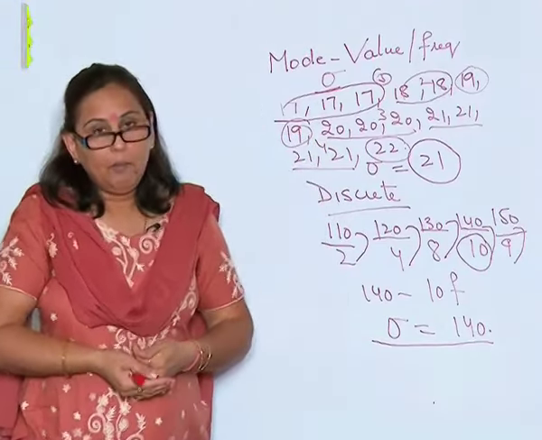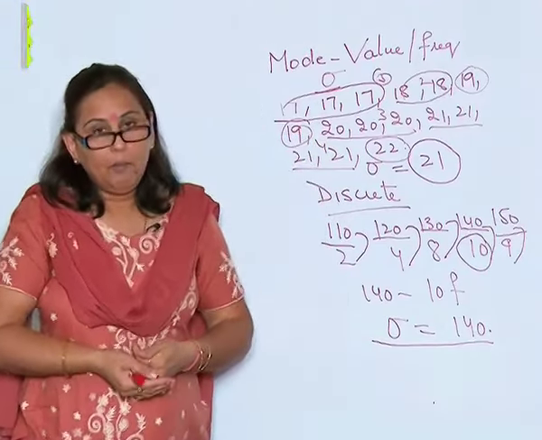And now I talk of, in the next clipping, the third of its kind, that is the continuous series. Now we will try and find out the mode by the third of its kind, that is in the continuous series. When we have a range, we have class interval and we are not sure of the marks obtained by the students.